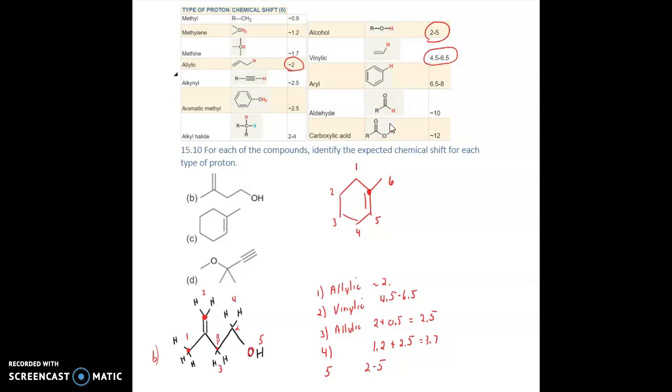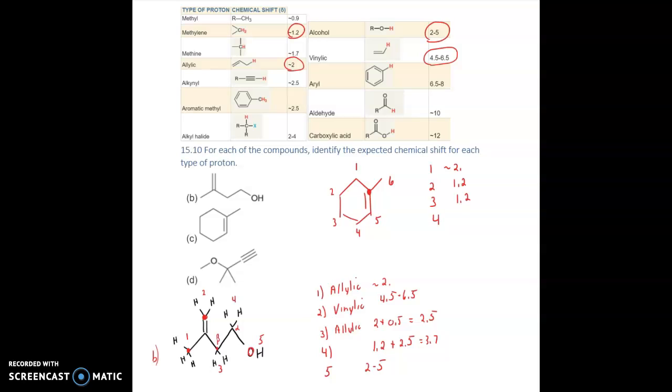So we've got 6 different places we've got hydrogen. 1, these are allylic, so we'd expect this to be about 2. The second ones are methylene, so they'll be at 1.2. I'm getting that from right here. 3, same deal.